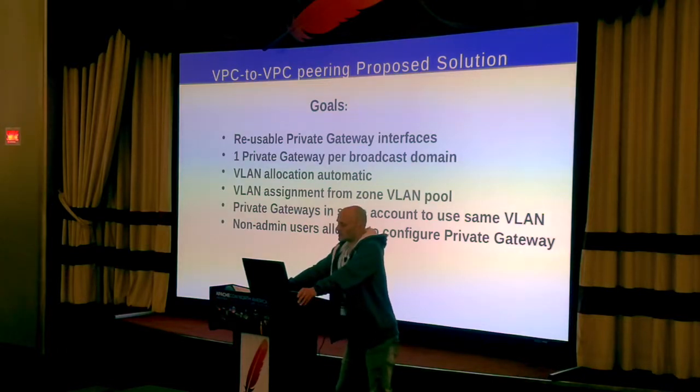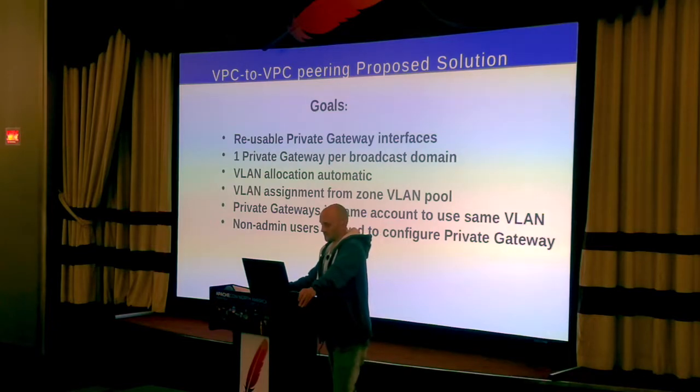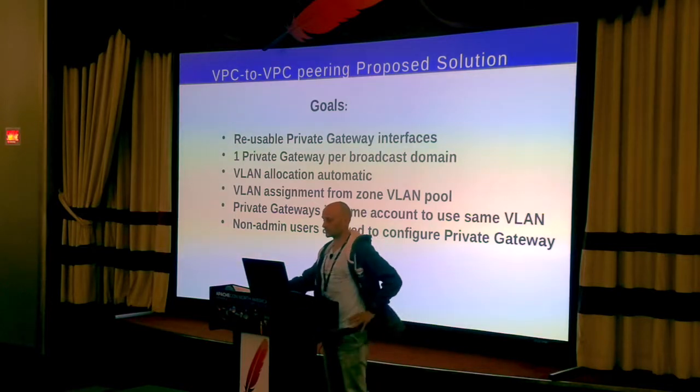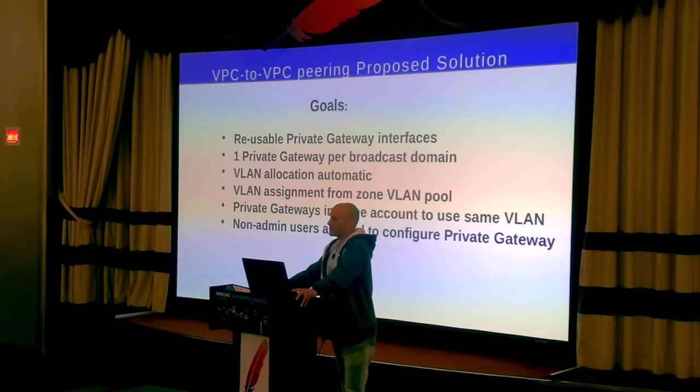Also, the next goal is that a user should not need to specify a VLAN. So VLANs should be allocated automatically from the zone pool. When a user wants to create this private gateway in CloudStack, it'll just be automatic.